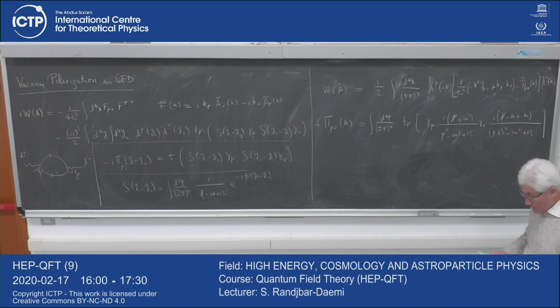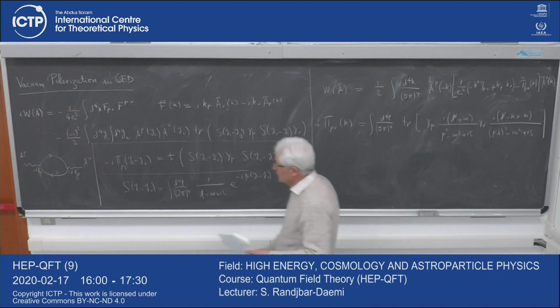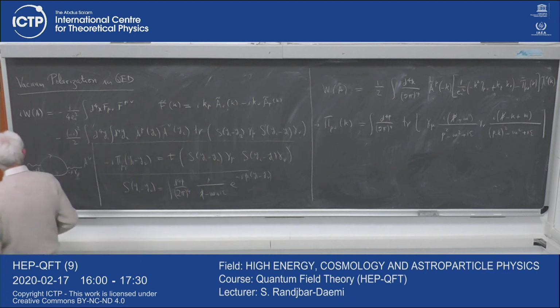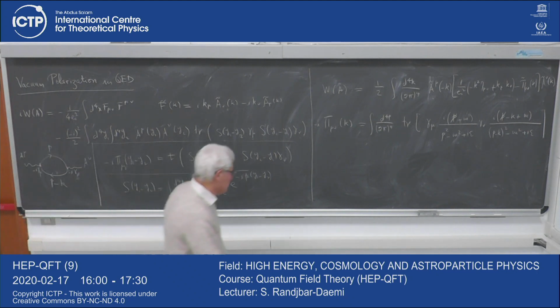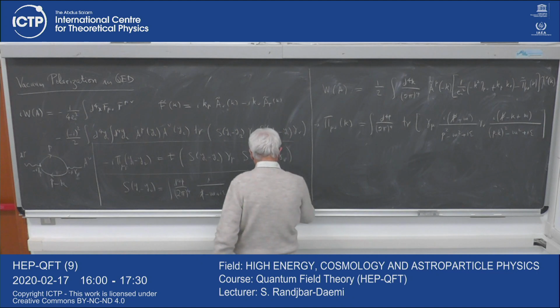Okay? So essentially what we are calculating, that pi is this graph with p here and p minus k here. It is just this graph without the external lines. That's pi. So if we want to write it graphically, pi is this.